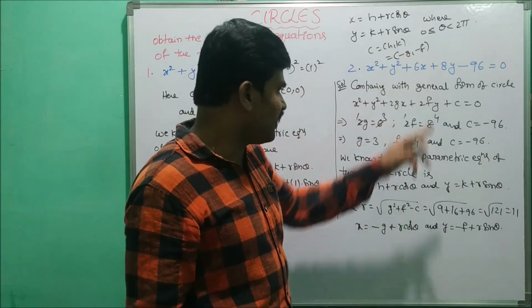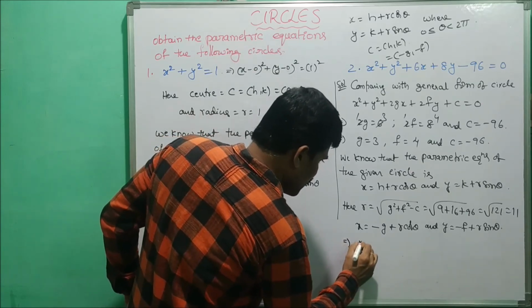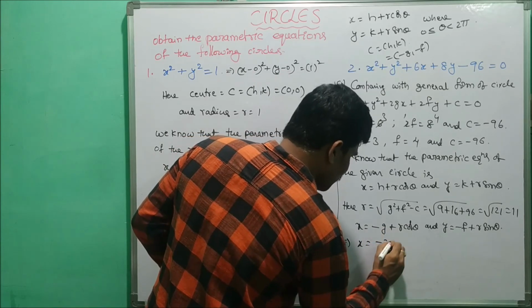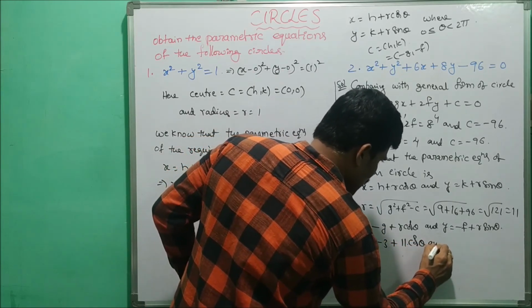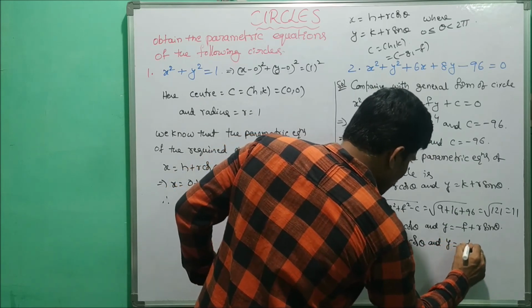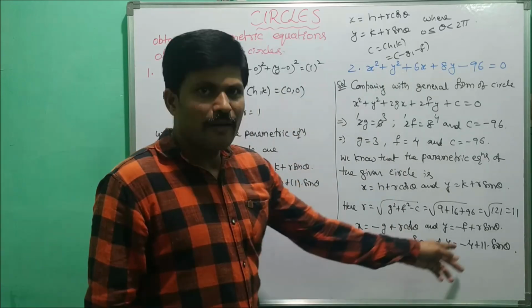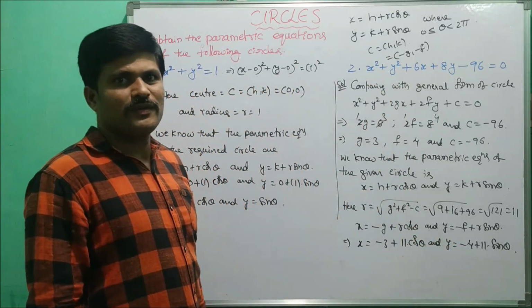The center is minus g, minus f. Now we take x equals minus g, where g is 3. Therefore we write x equals minus 3 plus 11 into cos theta and y equals minus 4 plus 11 into sin theta. So these are the parametric equations of the given circle. These are the solutions.